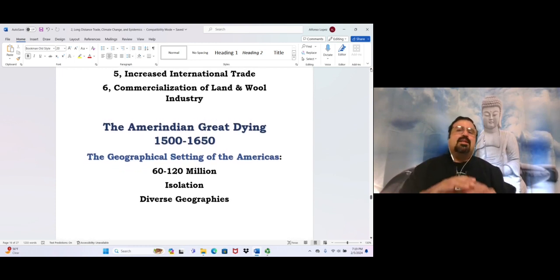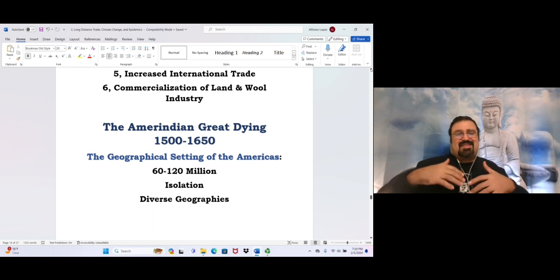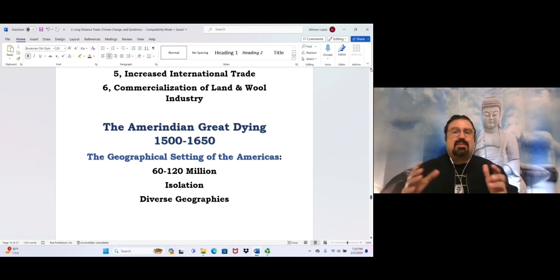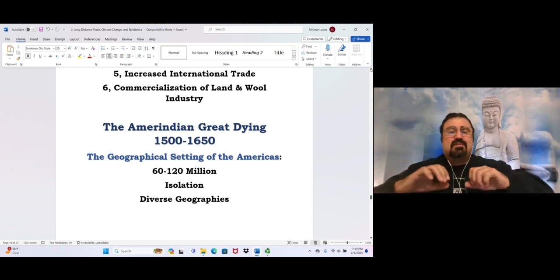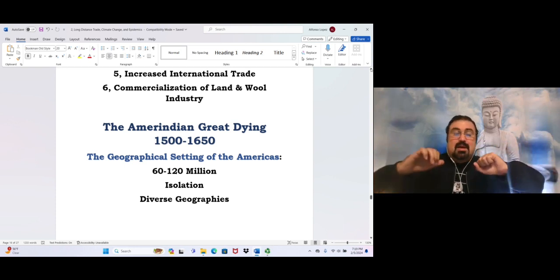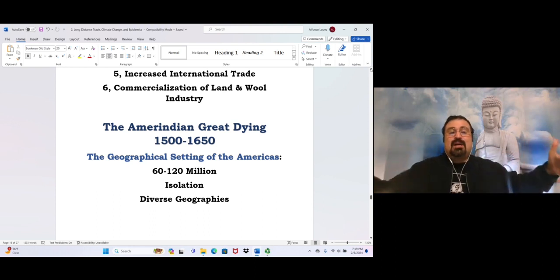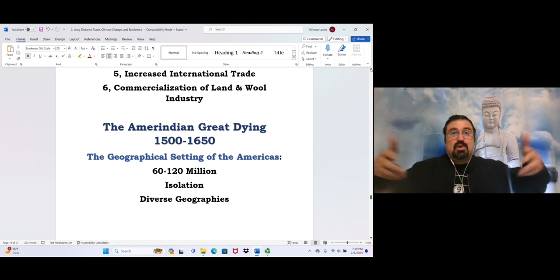All right. So the fifth change or effect that we're going to see is increased international trade, because instead of just confining their commercial activities to their region, as people are dying in great numbers, merchants are going to be searching for new consumers, new markets.